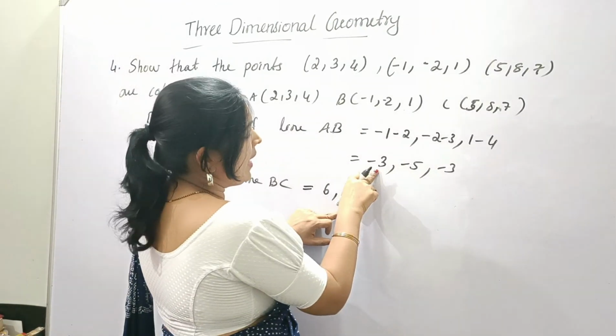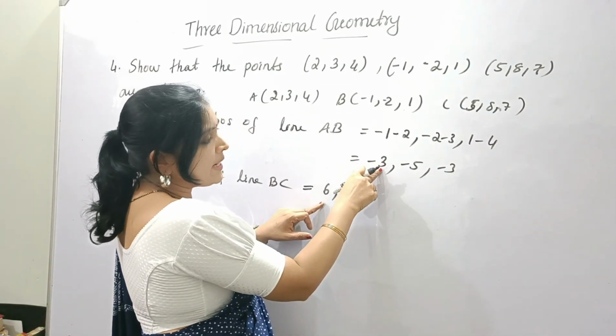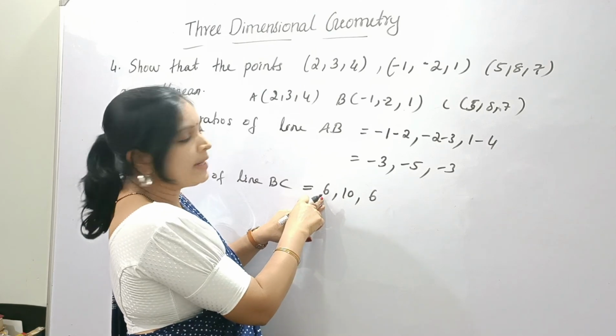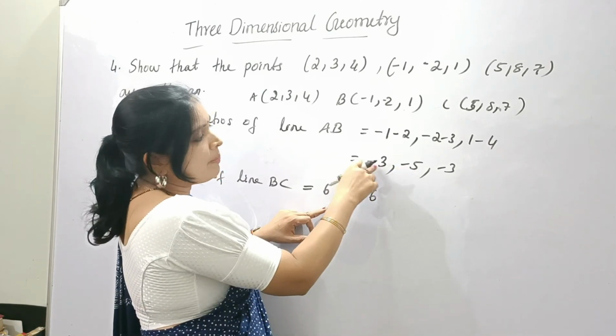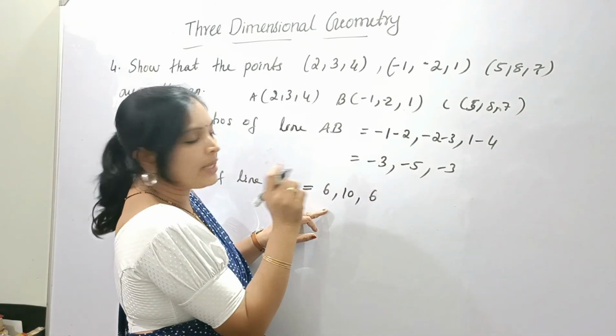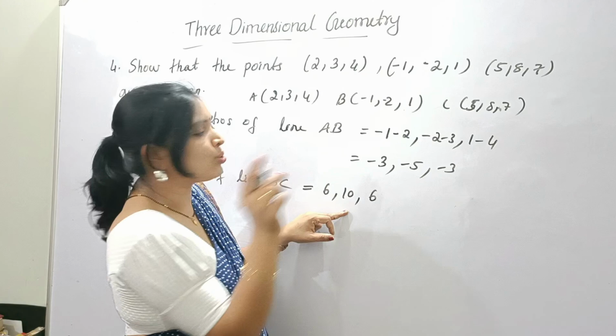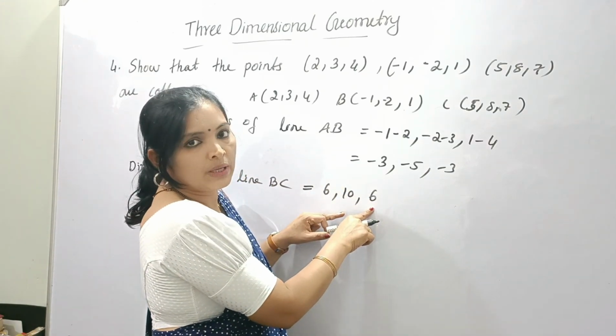See here, it is -3, so -3 into -2 is 6, -5 into -2 is 10, -3 into -2 is 6.